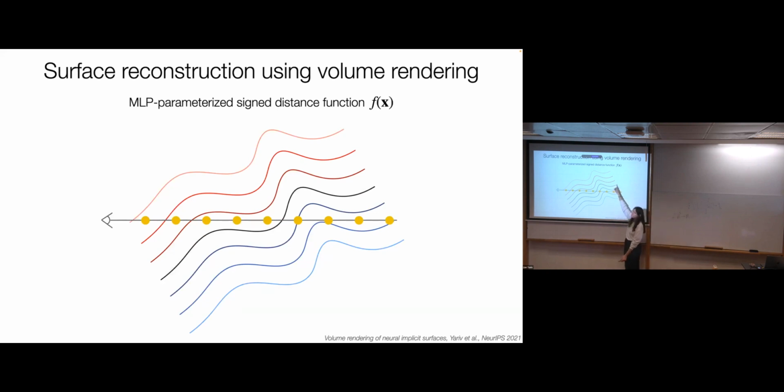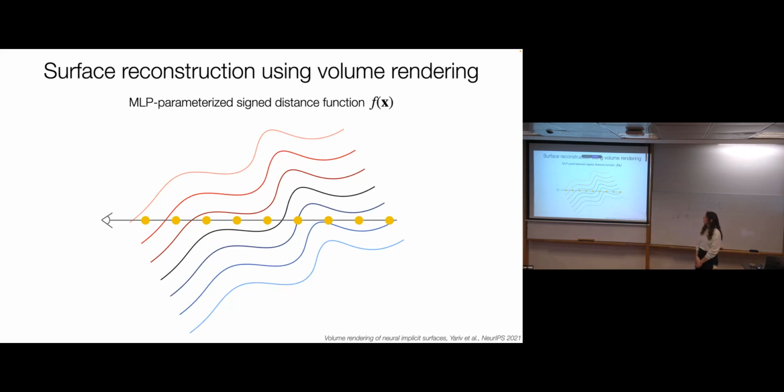So as before, this is our surface, the zero level set of this function. This depicts the negative level sets, the negative distance to the surface, and this is our positive side, positive distance to the surface.